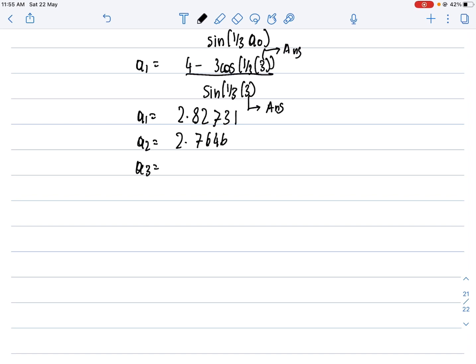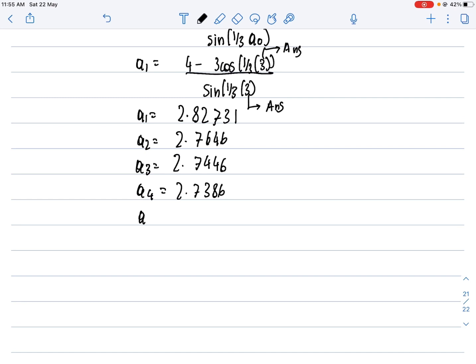Now for a3, just give me 1 second, I misplaced the formula, I'm writing it down. Now when I do this, I get 2.7446.